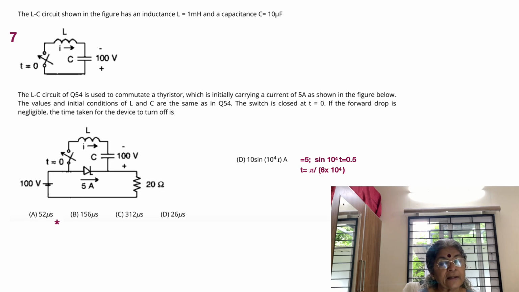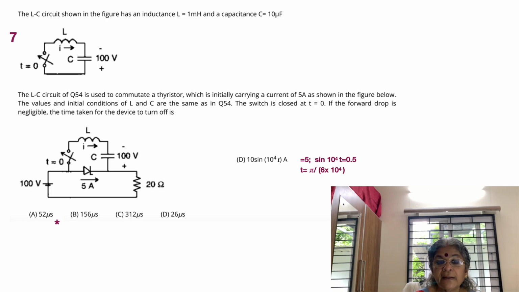When the capacitor is charged to 100 volt, as we saw earlier, the current is 10 sin(10^4 t). 10 sin(10^4 t) ampere is now equated to 5 ampere. Why 5? Because they both should be equal, such that you have null current and the thyristor turns off or commutates. So sin(10^4 t) is equal to 0.5.